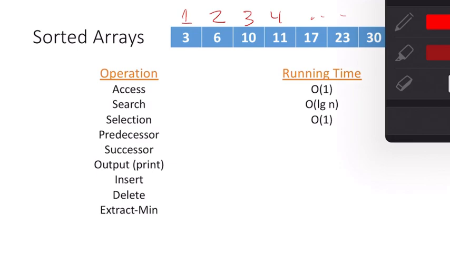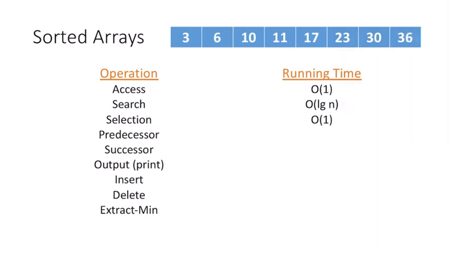How about finding the predecessor? So here again, let's pick on 17. You may have heard the dog bark in the background, so I lost my place here attending to that. So for predecessor, let's say that we're picking on 17 again. And I want to know the predecessor. Well, let's say I know the index of 17. The predecessor is the item to the left of it.